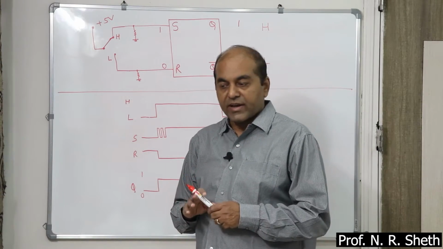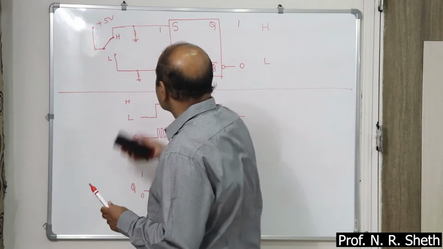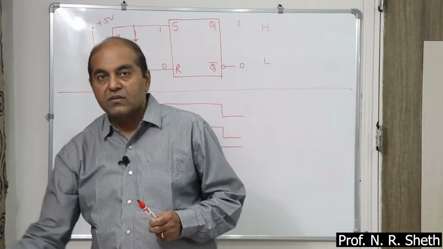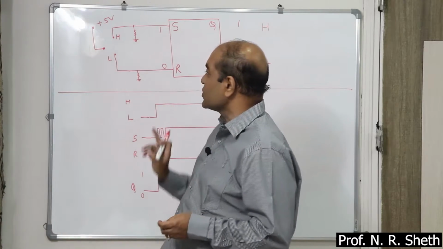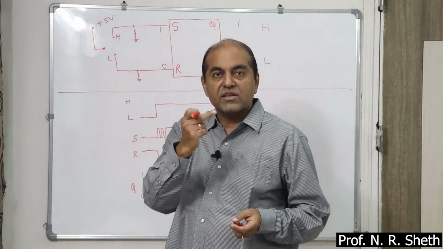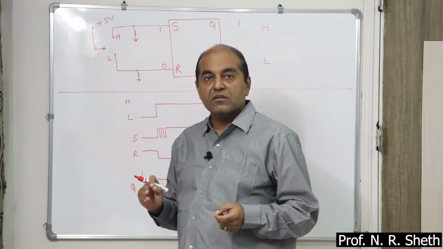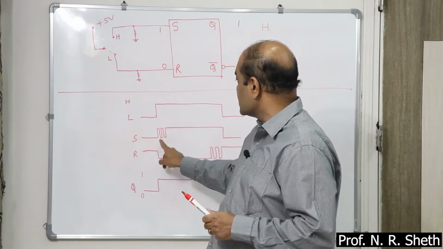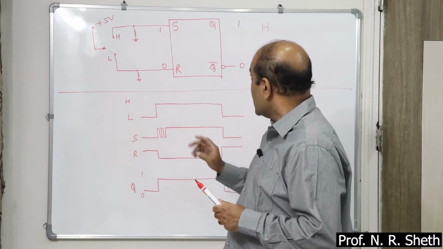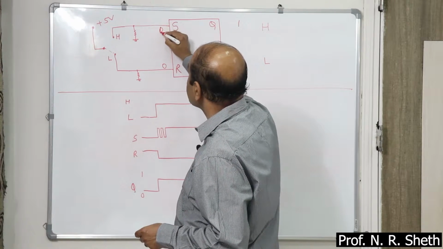Now after that, when this connection is broken and you switch to this position, at that time there is a transition. When there is a transition, your mechanical problem arises. This is your mechanical problem. Now at this time what happened? This becomes 0. For a fraction of a second this becomes 0.